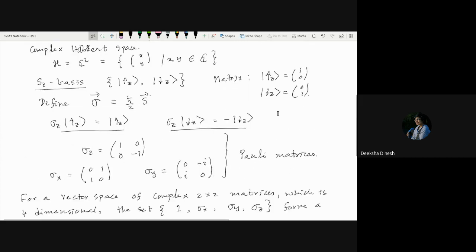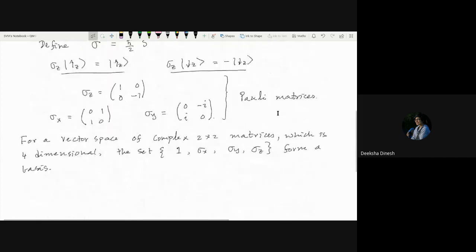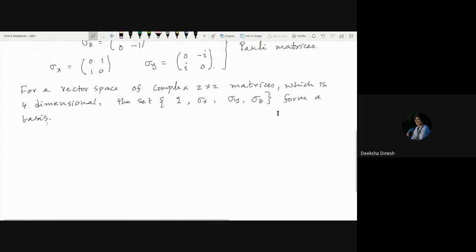Okay, so now what is important to understand here is that you ask a question. Suppose you take sigma x. Sigma x is equal to 0 1 1 0. Now you ask what are the eigenvalues of sigma x.